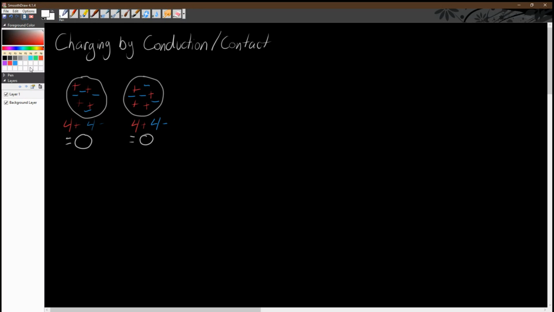But let's say I had a slightly different situation where instead of two neutral spheres, one of my spheres was already charged. Let's say each has 4 positive charges.